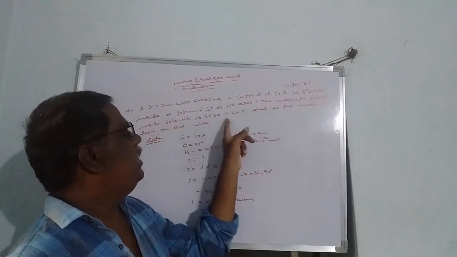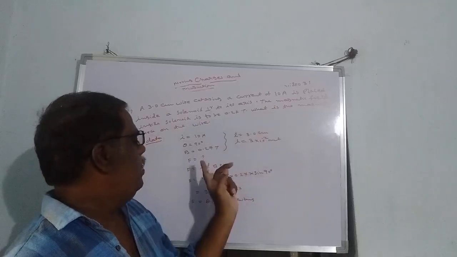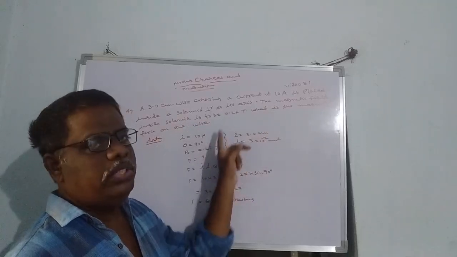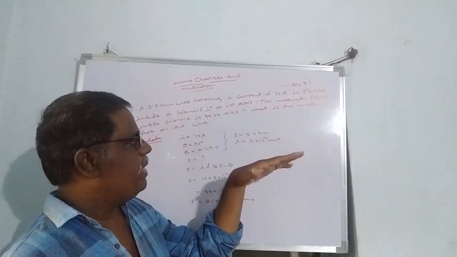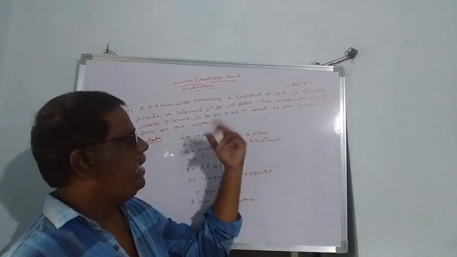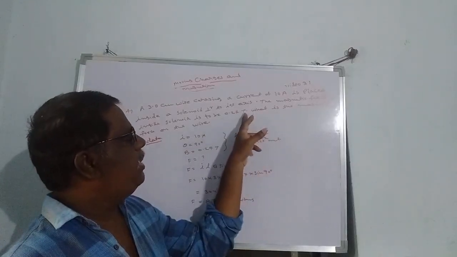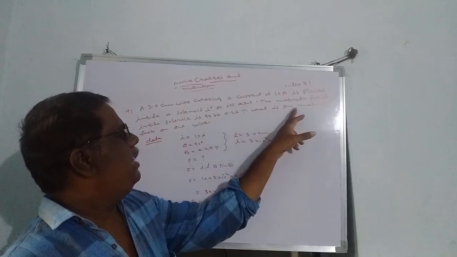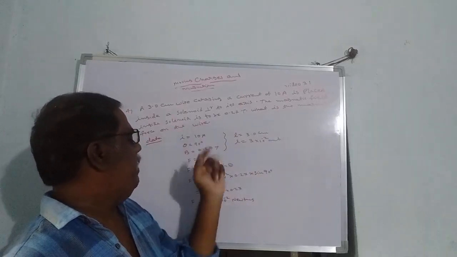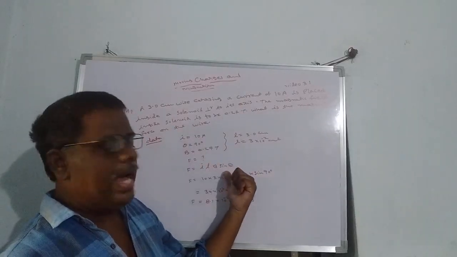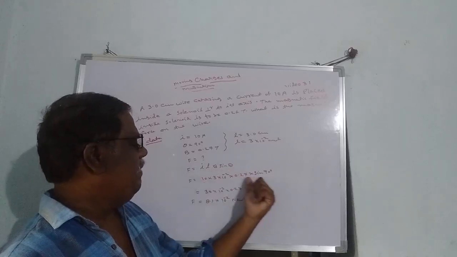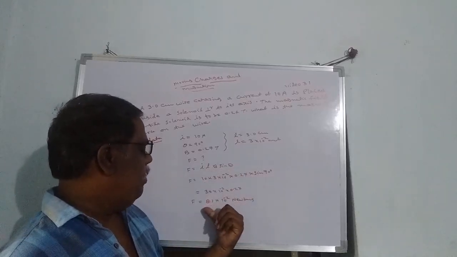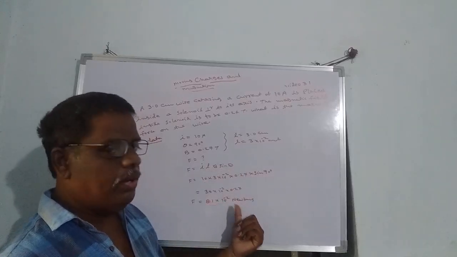Magnetic field inside the solenoid B is 0.27 Tesla, or Weber per meter square, or Newton per ampere meter, any one, this is the unit of magnetic field. What is the magnetic force on the wire? Magnetic force F is equal to ILB sin theta. Substitute the values and simplify to get F is equal to 8.1 into 10 power minus 2 Newtons.